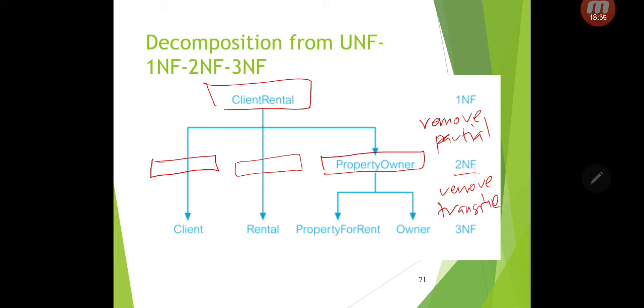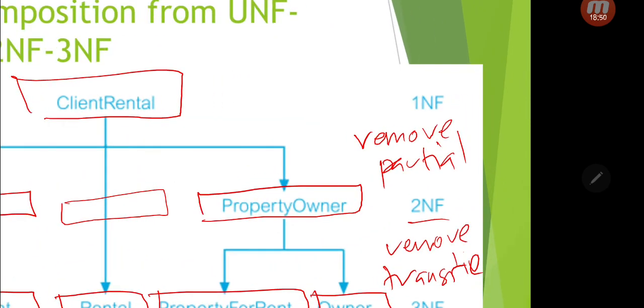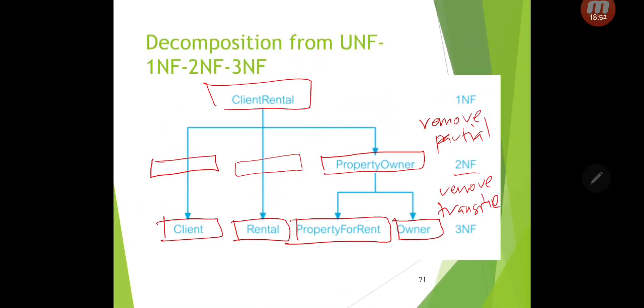From the second normalized form, remove transitive, and now you have 4 tables. So these 4 tables are the output from the normalization process, right?